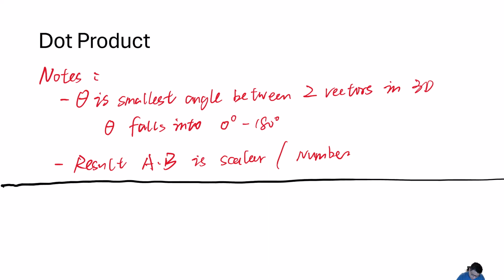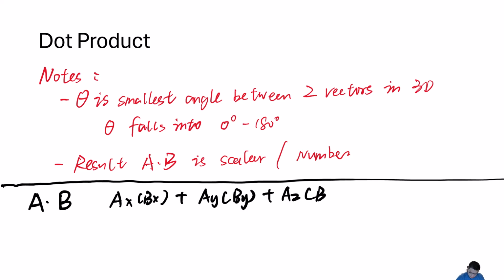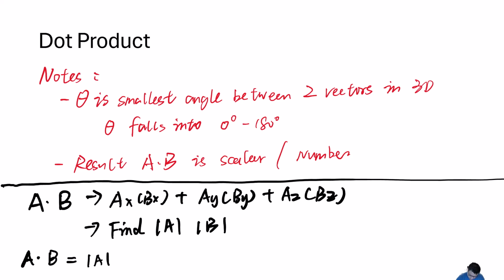Let's say we want to find the angle between A and B. First, we calculate AX times BX plus AY times BY plus AZ times BZ, and then find A's magnitude and B's magnitude, because A dot B equals A magnitude times B magnitude times cosine theta, which means cosine theta is A dot B over A magnitude times B magnitude.